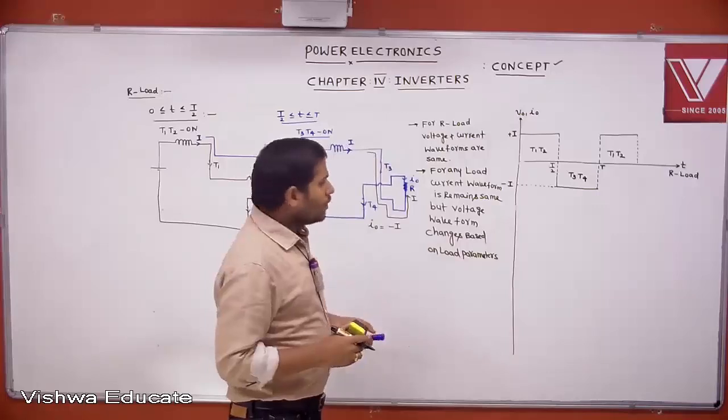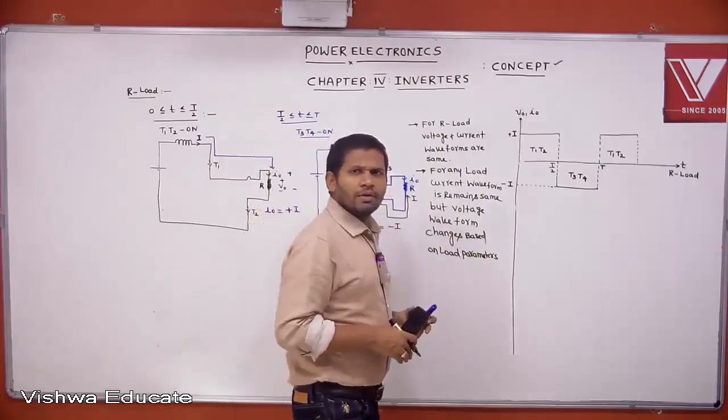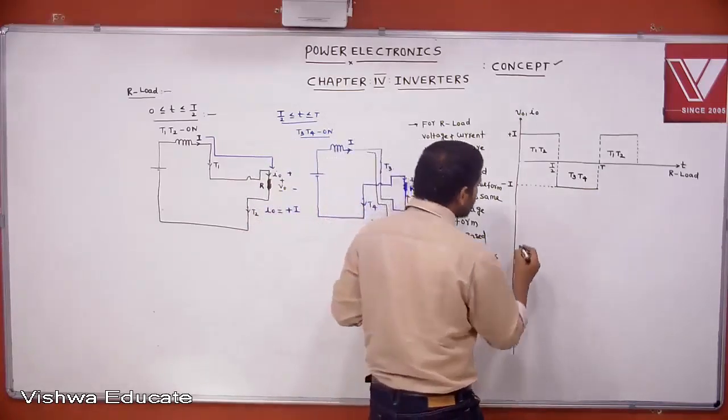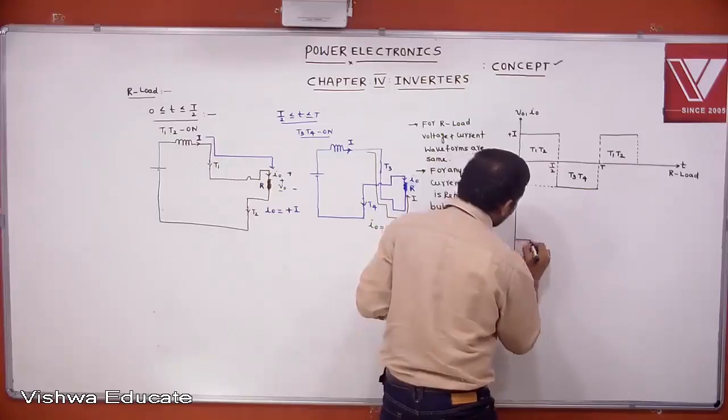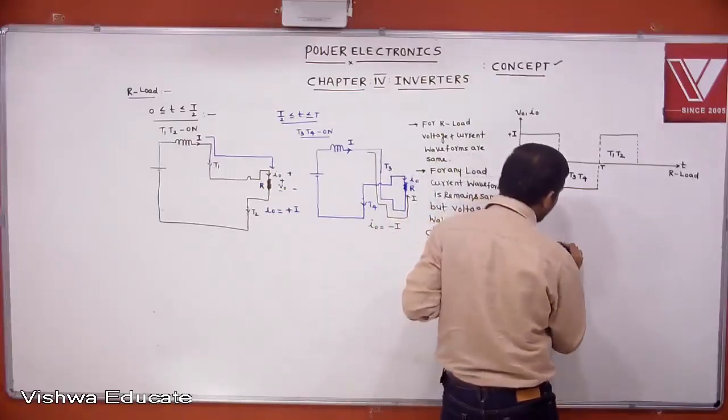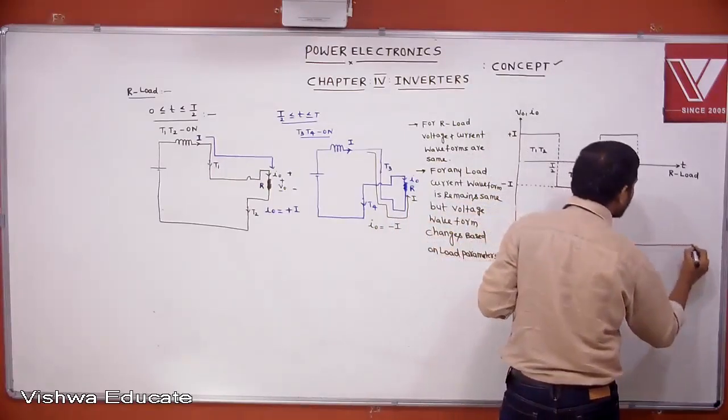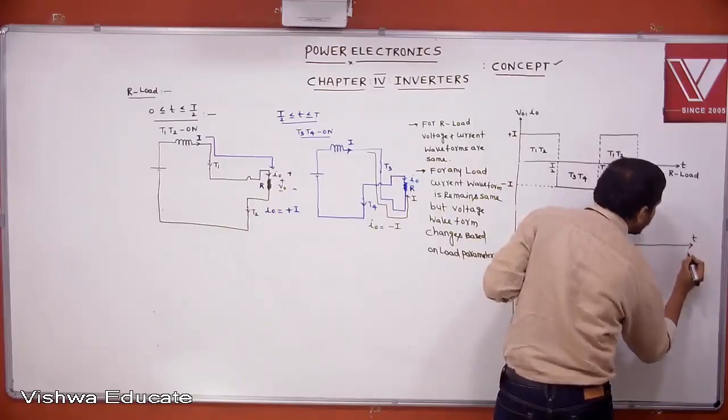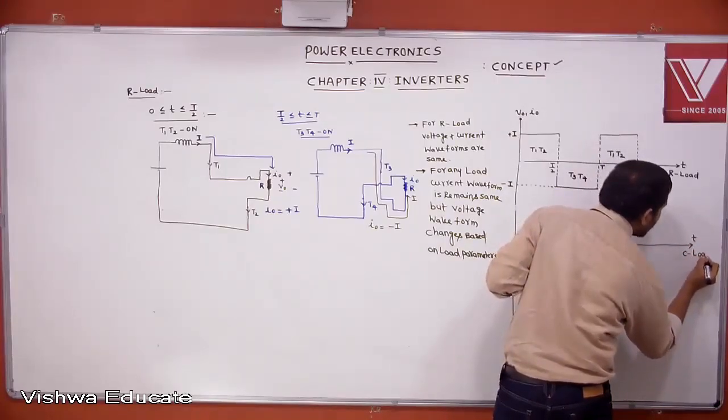Now we want to draw the waveforms for purely capacitive load. I am drawing the voltage waveform. But what about current waveform? It remains same because of current source inverter.